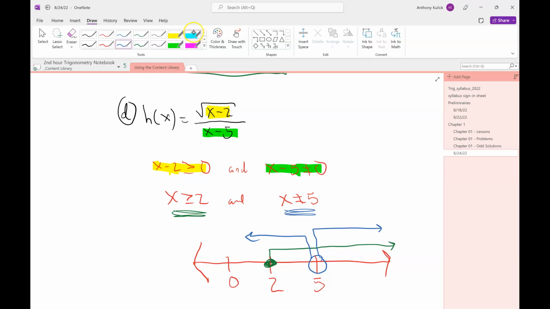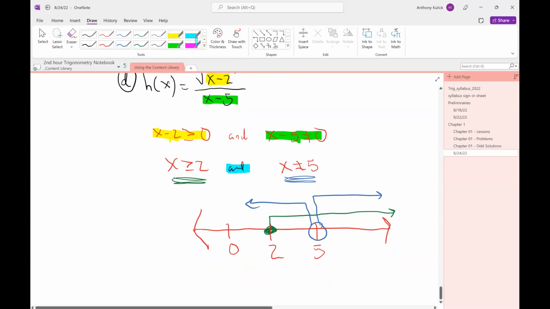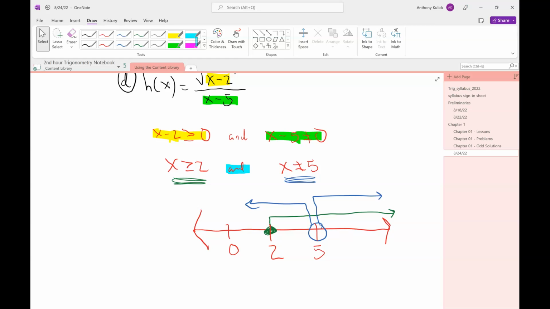Now, here's the tricky piece. Because this is an and, what I'm interested in is the overlap between the green and the blue. So that's occurring here and then there. So again, we would need how many intervals to describe this domain? I need 2 because there's a gap at 5. Do you see that?